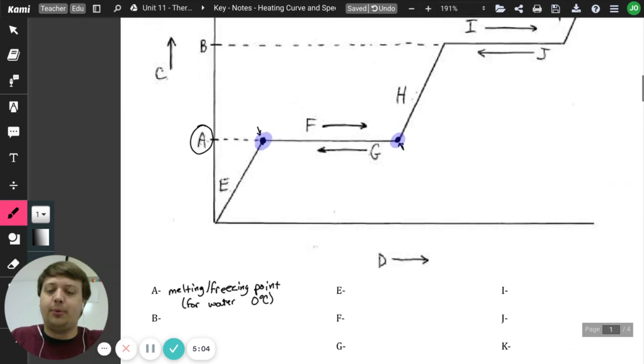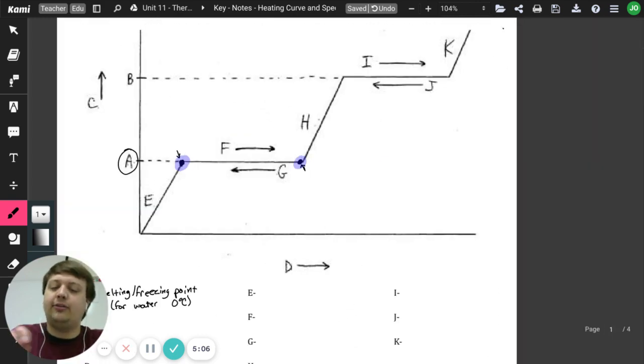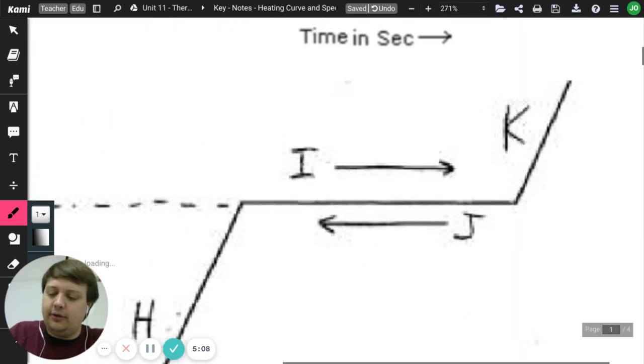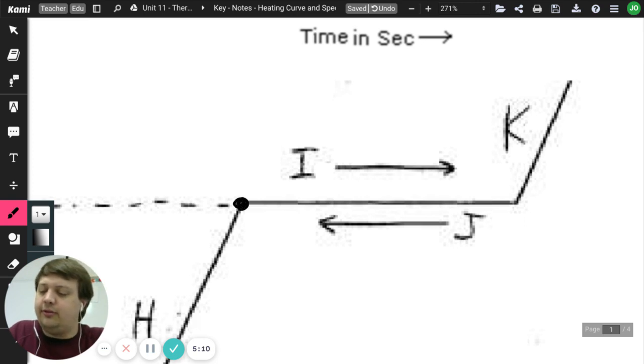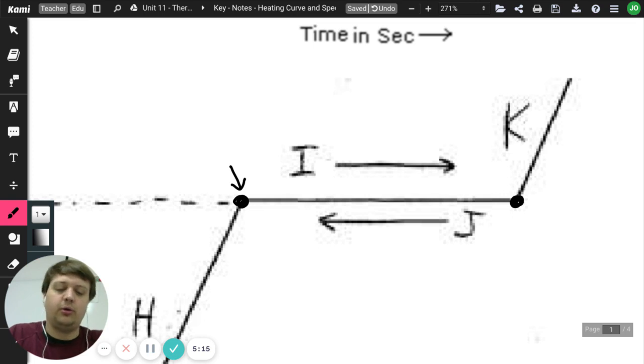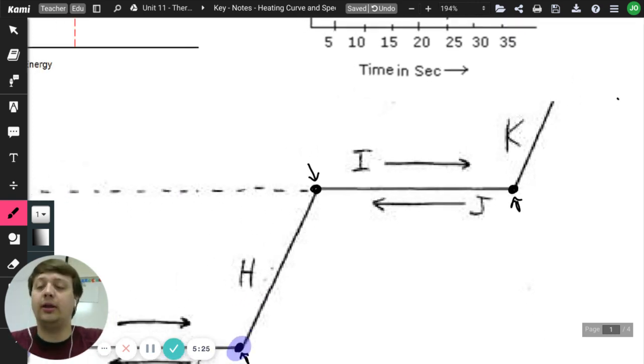Now, let's look at point B. Point B is going to represent these corners. This corner right here would represent boiling, and this corner right here would represent condensation. That condensation point and that boiling point.